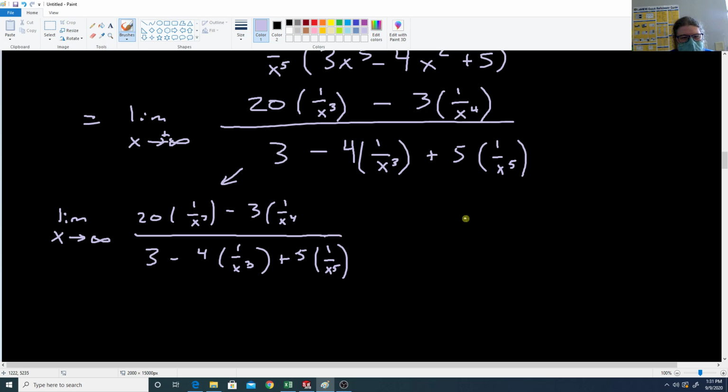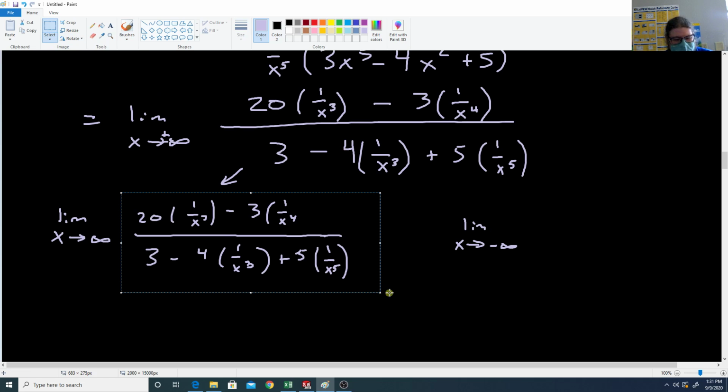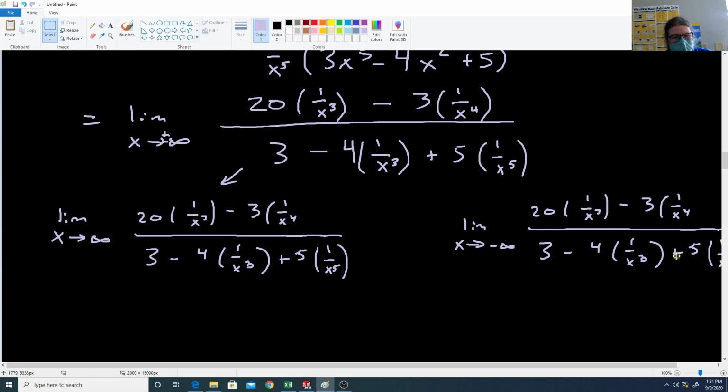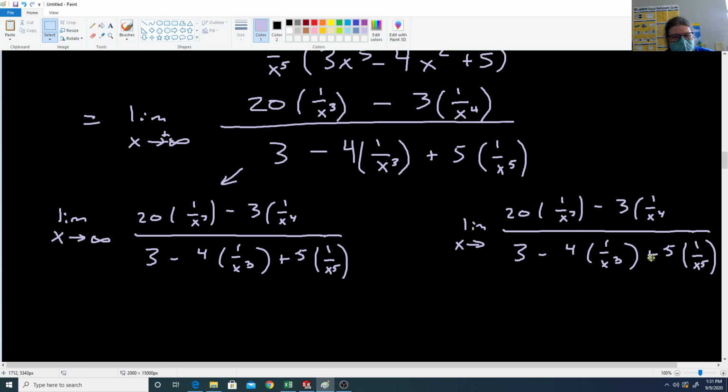And then we also want to say what's going on with the limit as x approaches negative infinity of that exact block of stuff.